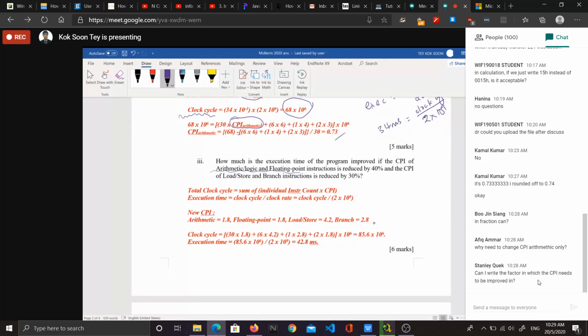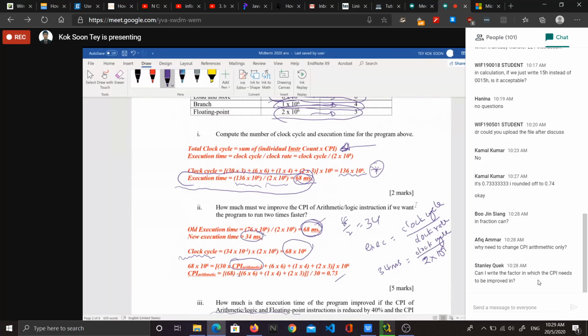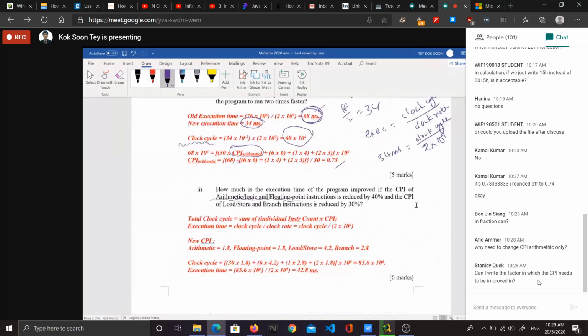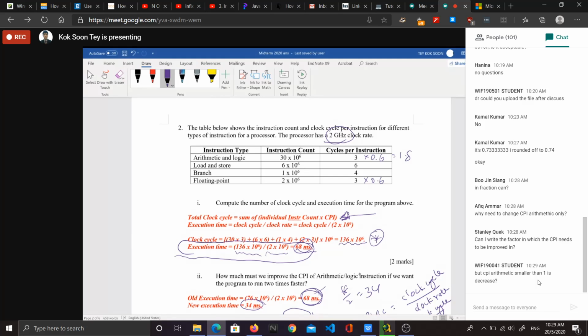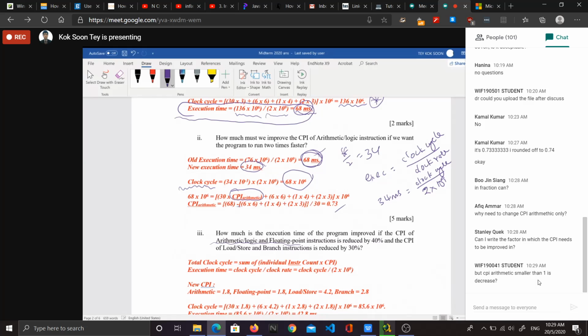So they're giving you arithmetic and floating point instructions is reduced by 40%. Reduced by 40% means it's just using 0.6 multiplied by arithmetic and floating point. Okay, arithmetic and floating point multiply 0.6. You get 1.8. Both also getting 1.8.